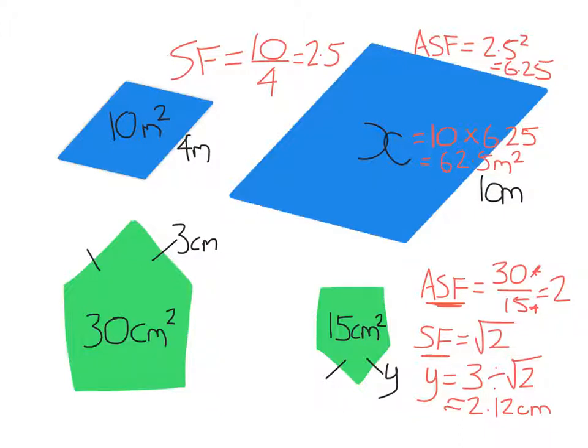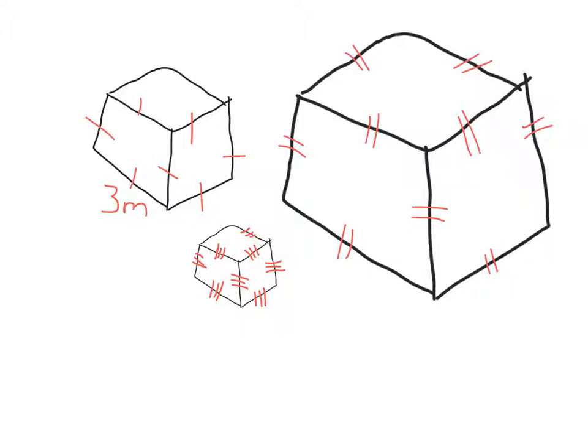Let's now go and look at volume scale factors. So on your screen, we have 3 poorly drawn cubes. So let's look at this cube here. I'm going to give it a side length of 6 meters. We're going to look at what happens to the volume now that I've doubled the length of each side. So returning to our original cube here, its volume is just 3 cubed, or 27 meters cubed.